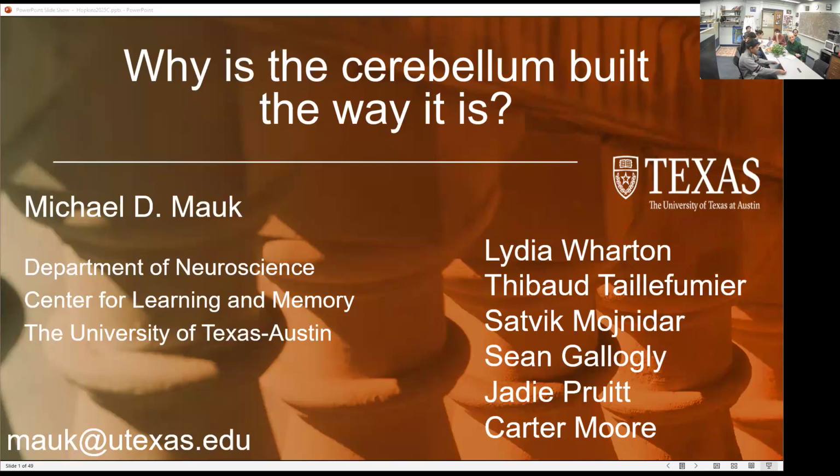Today, as our guest, we have Michael Mauk, who is a professor at the Department of Neuroscience at the University of Texas at Austin. Mike received his PhD from Stanford University, where he was a student of Dick Thompson, one of the leading figures in cerebellar research. Mike discovered that one could use the inferior olive as the source of the unconditioned stimulus during the study of eye blink conditioning.